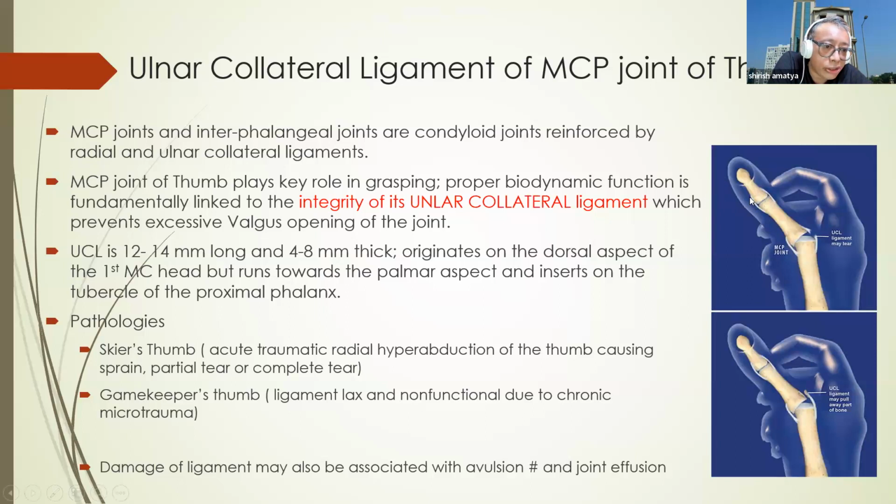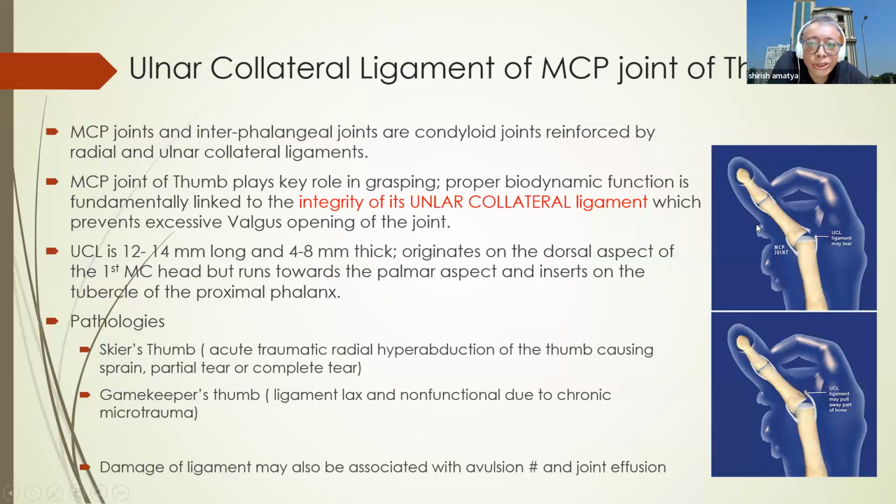On the radial aspect there is one ligament, called the radial collateral ligament, and on the ulnar side there is another ligament, the ulnar collateral ligament. These collateral ligaments help to stabilize the interphalangeal as well as metacarpophalangeal joints.